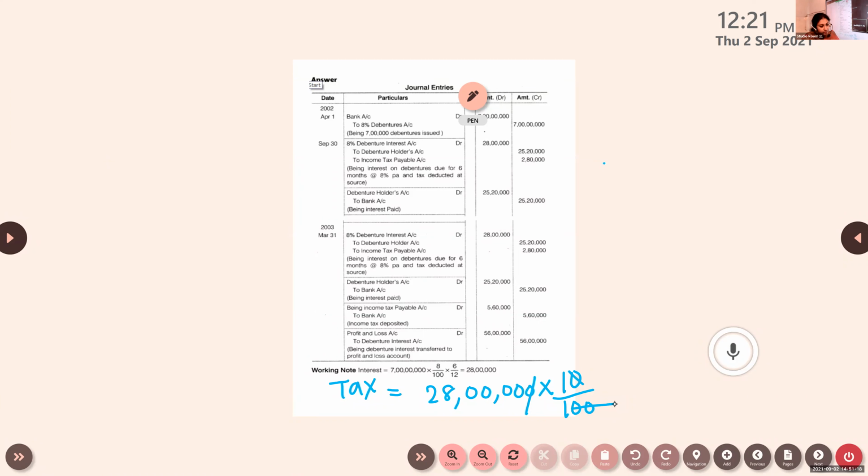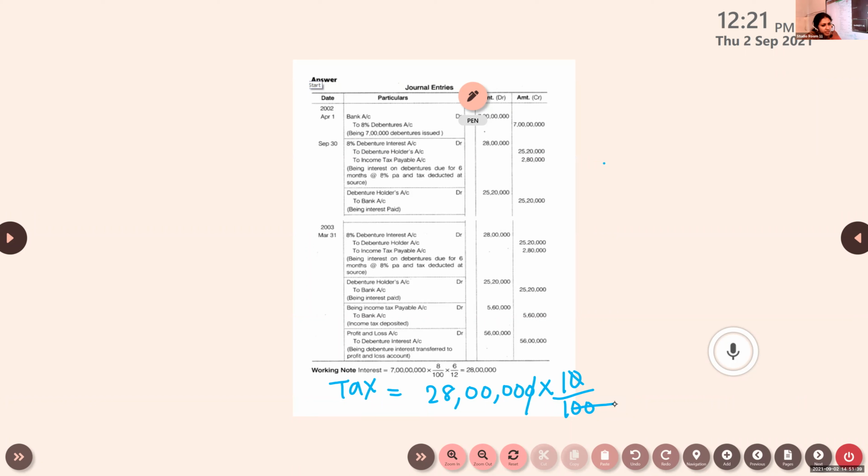Can you name some examples? Goodwill. Goodwill is both intangible and a fictitious asset, but we don't write it off. Then patent, copyright. No, they are intangible assets.